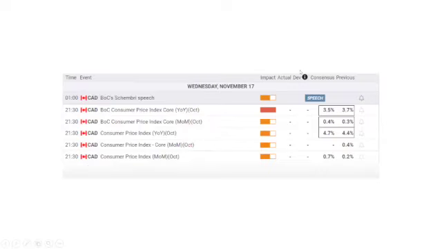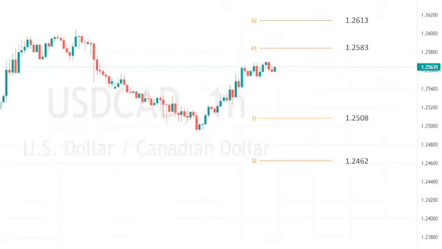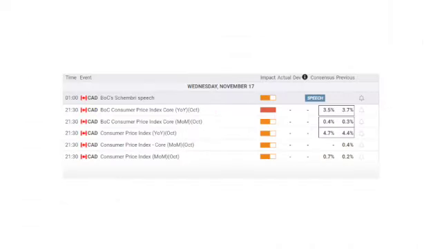The last one is the USD against the Canadian dollar. As of this moment, the current price is 1.2563. If we pay attention to the data, the core inflation rate on a yearly basis is 3.7 for the previous one, and expected to be 3.5. And also the monthly basis is 0.3, and here expected to be 0.4.